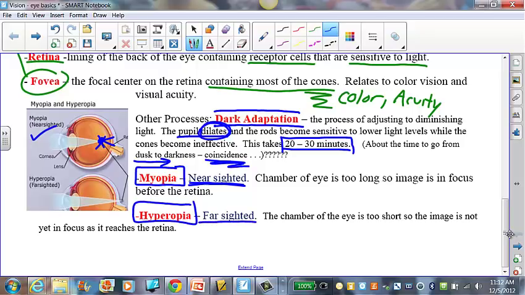Hyperopia, which is farsightedness, means we can see things far away clearly, but objects that are nearby are blurry, and that's probably because the eye chamber is a little too short. And as light comes in, it focuses behind the retina, so it's not in focus by the time it gets to the retina.